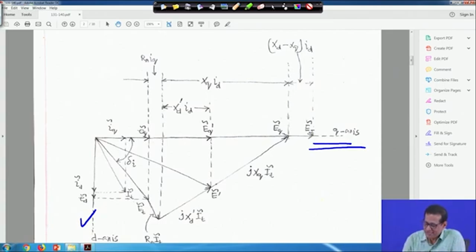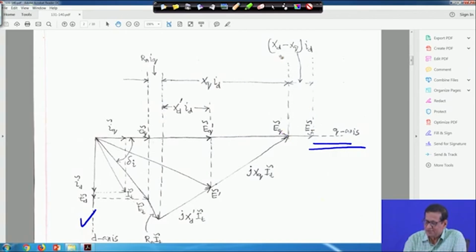So EI tilde, EQ tilde, EQ dash tilde and EQ tilde, and of course IQ tilde, all are lying on that q axis. And EI tilde is equal to EQ plus XD minus XQ ID, because we have just seen that.